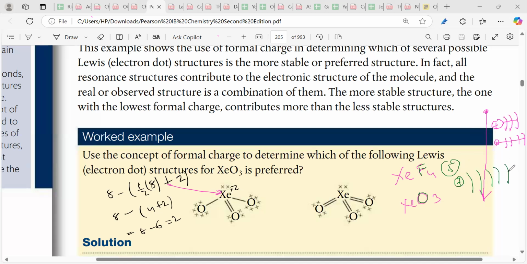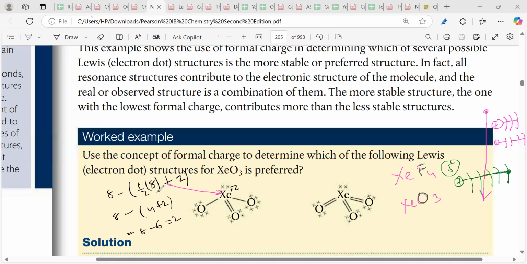So the outermost electron is far away from the nucleus. Hence, they can expand their octet and form a bond with fluorine and oxygen forcefully. Fluorine and oxygen will form a bond with xenon because its outermost electron is far away from the positively charged nucleus. Is it clear?